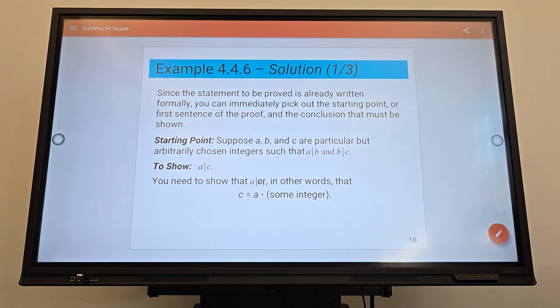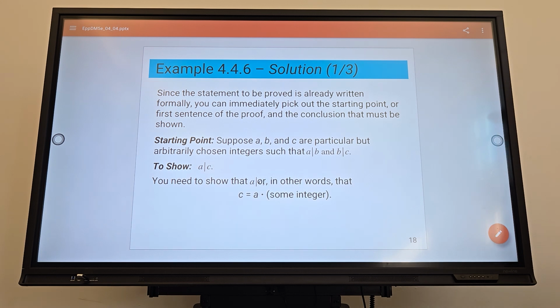It's already written informally, so you can immediately pick out the starting point, and the conclusion must be shown. Starting point: suppose a, b, and c are particular but arbitrarily chosen integers such that a divides b and b divides c. Show that a divides c.